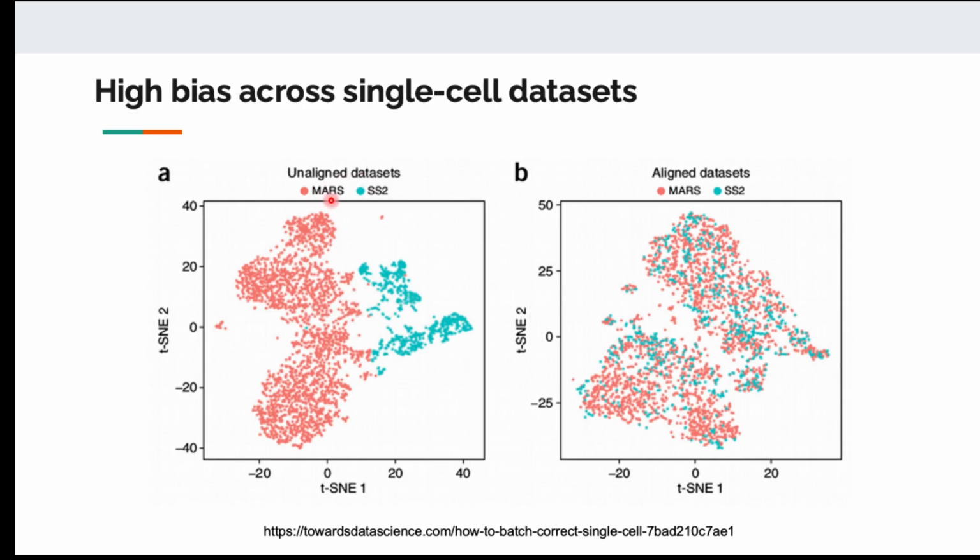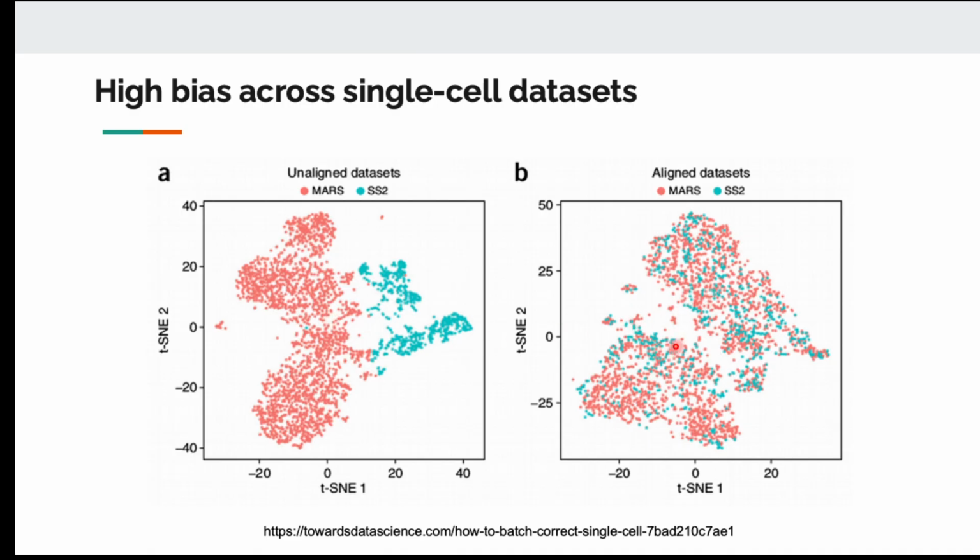So these are two analyses of the same data. We're going to talk about the technique to visualize this data in the next lecture. But when you visualize it without doing any batch correction, the data will look like completely different samples, even though these are from the same sample, just analyzed twice.